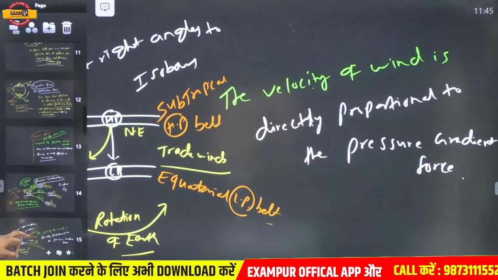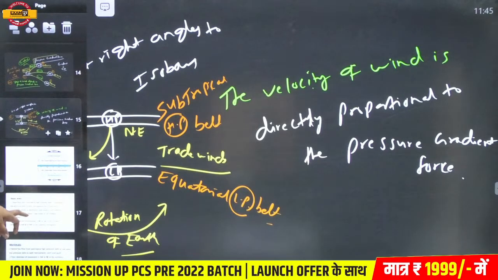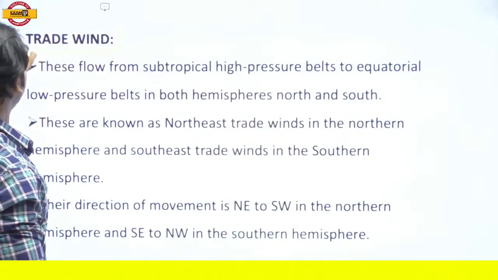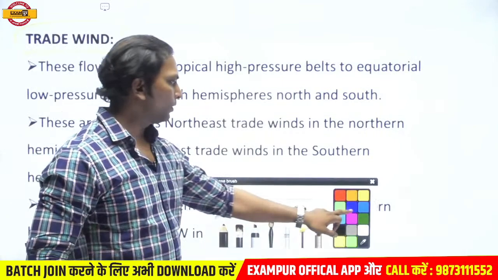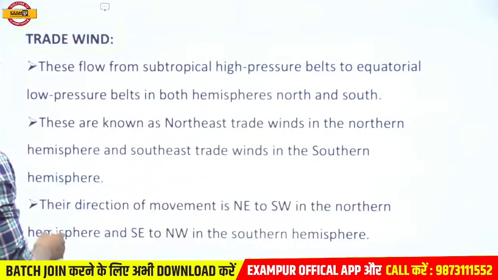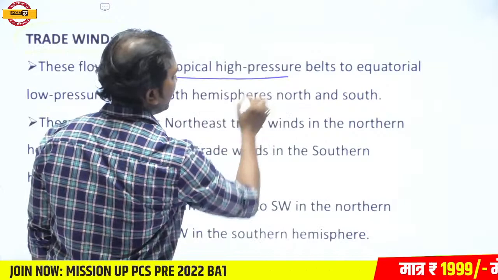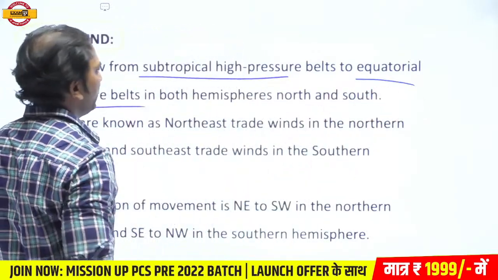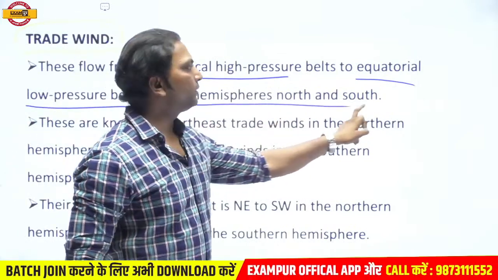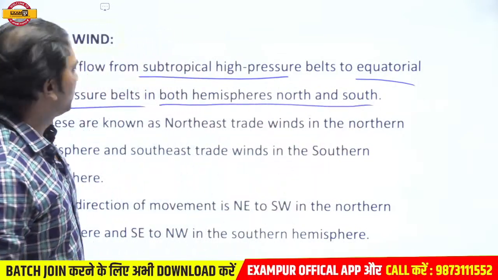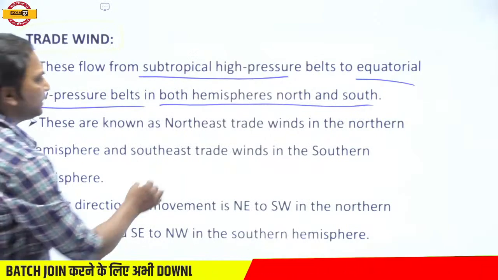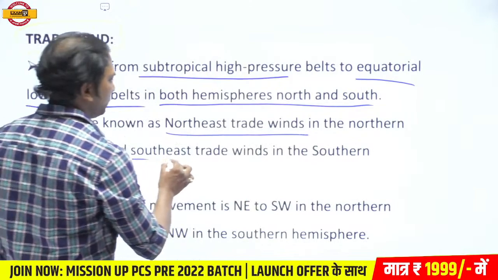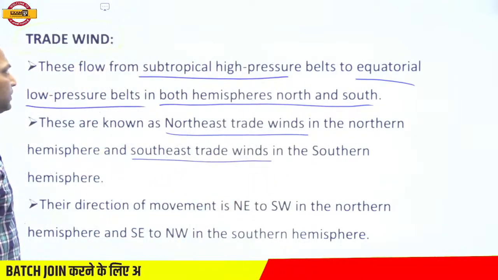Now, next slide. Some points about the trade winds, which you must write down. The first point is, these flow from subtropical high pressure to equatorial low pressure belts in both hemispheres, north and south. These are known as the northeast trade winds in the northern hemisphere and southeast trade winds in the southern hemisphere.